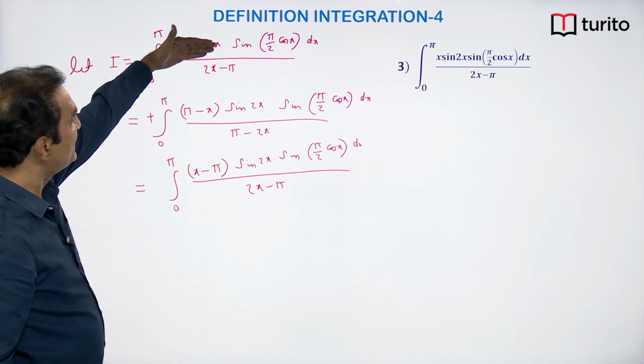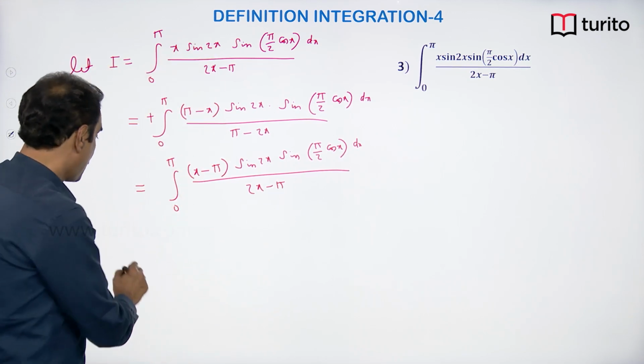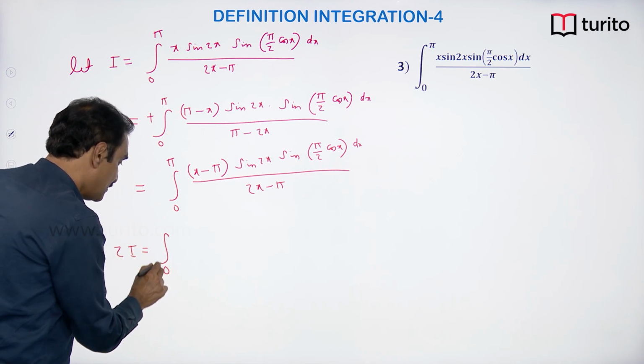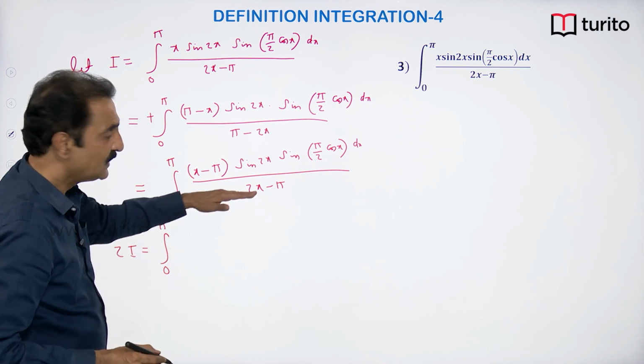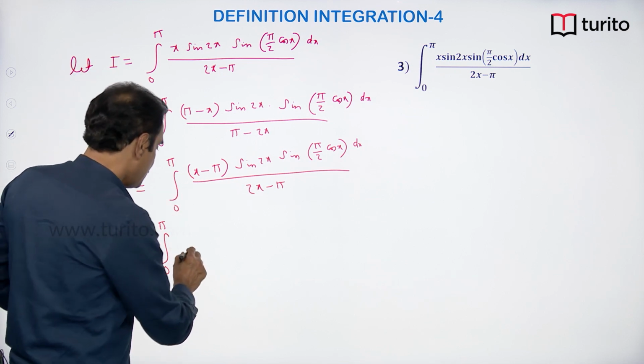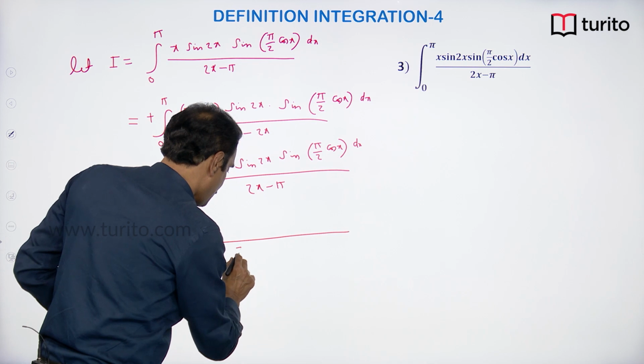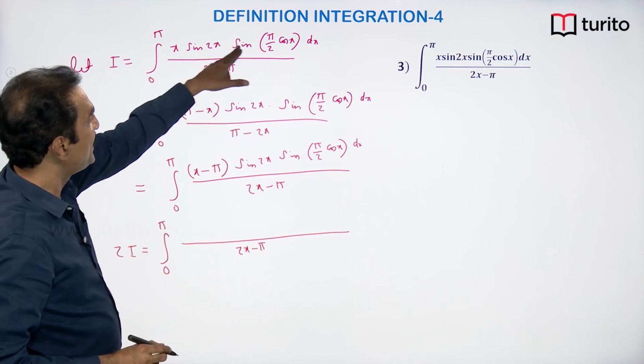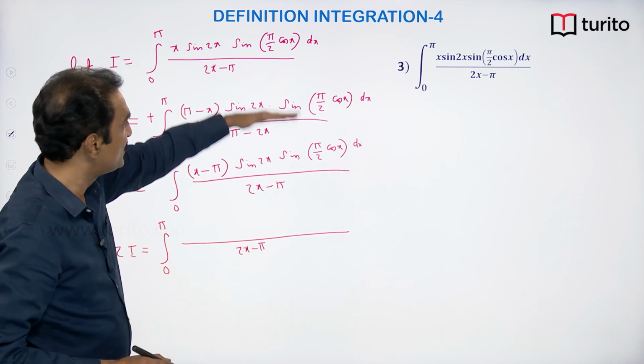Now adding this and this, 2I is equal to integral 0 to pi. Denominator is common, 2x minus pi, and also sin 2x into sin of pi by 2 cos x is common.